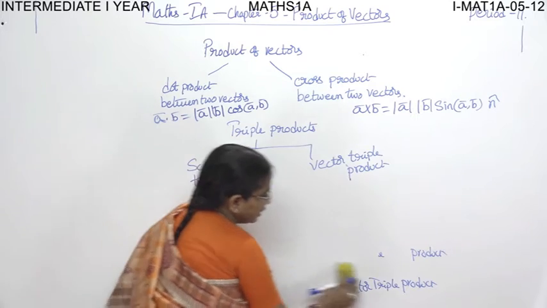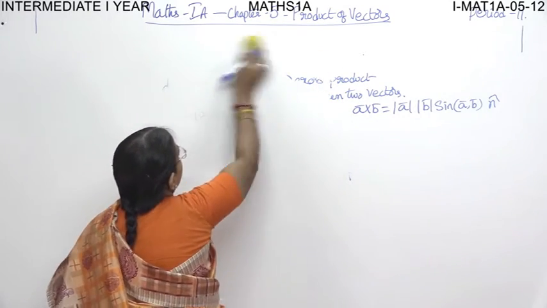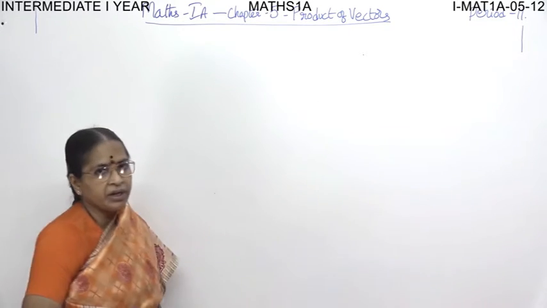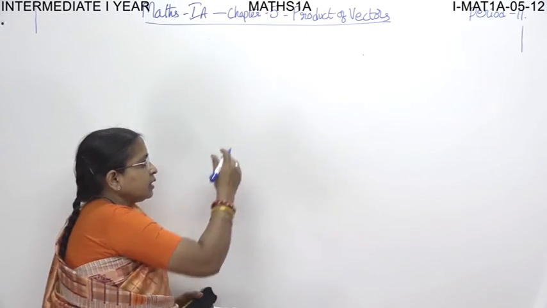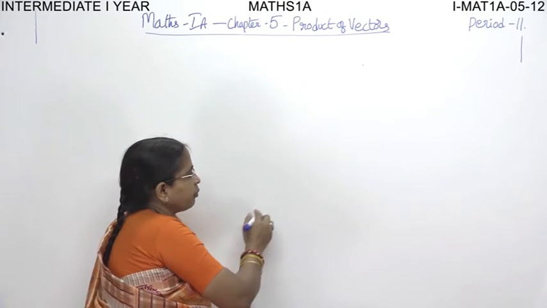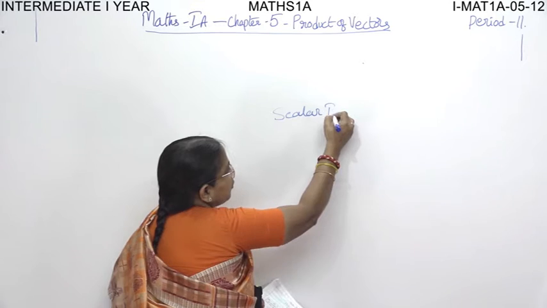So what is this scalar triple product and how is it defined? We are now going to learn about triple products between three vectors. In the triple products we have scalar triple product and vector triple product. We are going to learn about the scalar triple products.